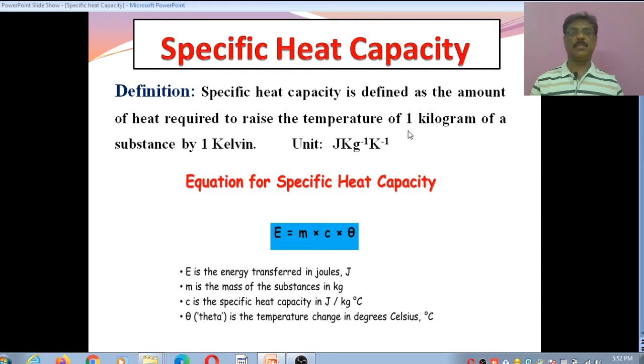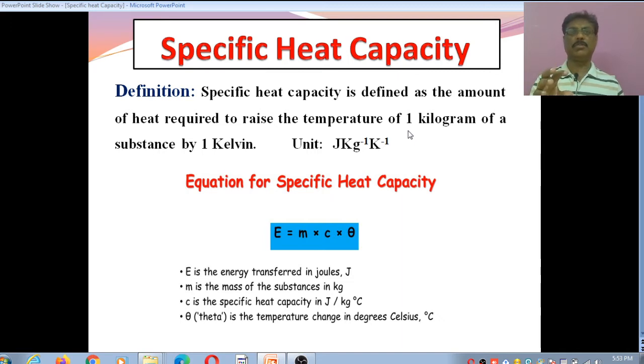So we are considering 1 kilogram of a substance and we are raising the temperature by 1 Kelvin, and for that we need some amount of heat.